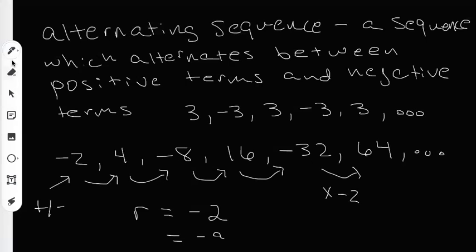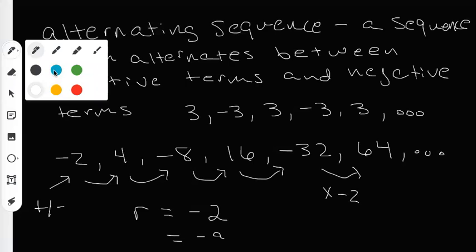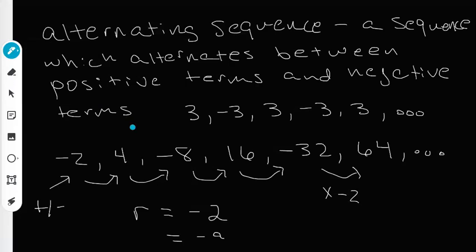What would my R be in this scenario? What am I multiplying by? -1? Yeah. So that's that negative R term coming back in.